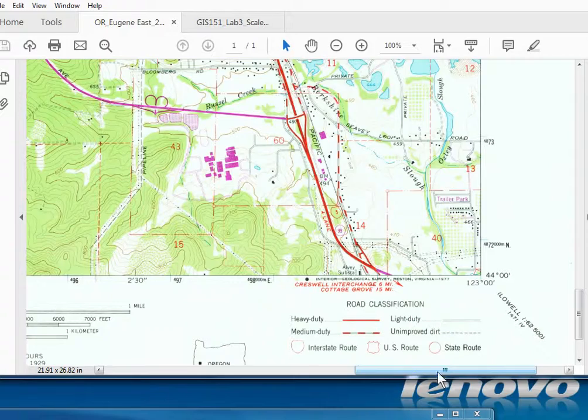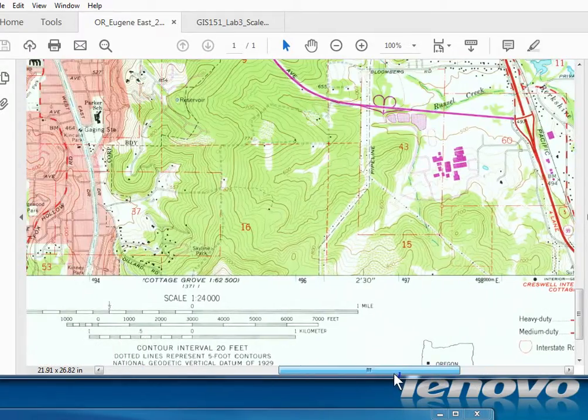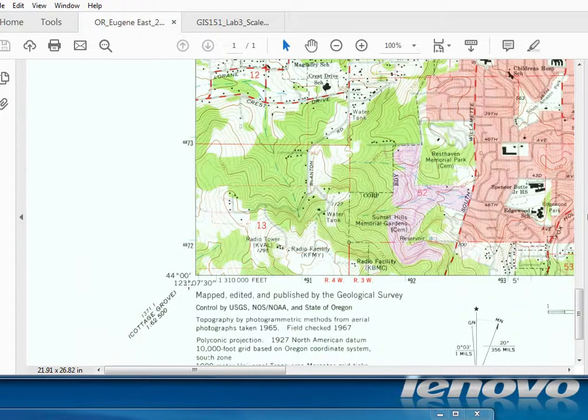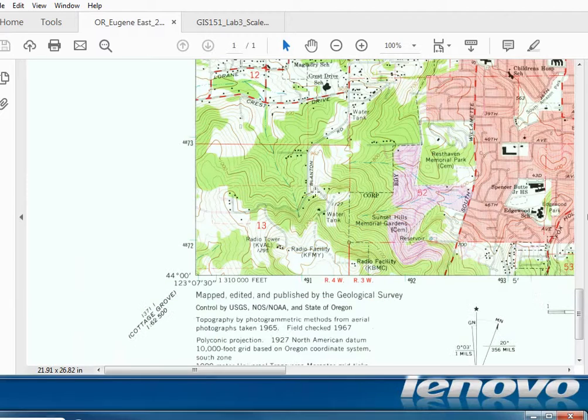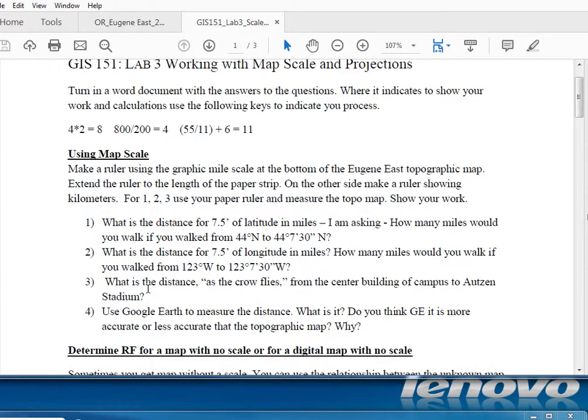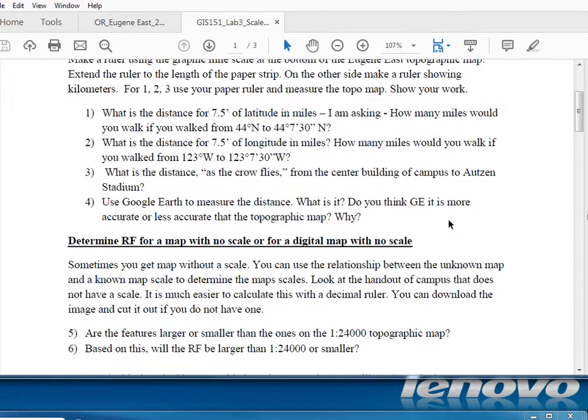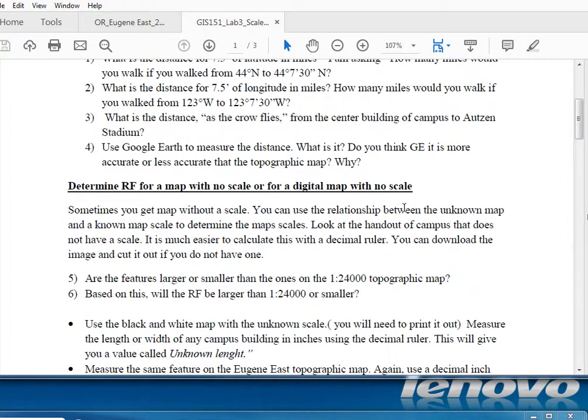Also, how many miles is it from 130 degrees west longitude to 130 degrees 7 minutes 30 seconds? That's really all that question is asking you, to make your ruler and to measure some distance. And then you're going to measure as the crow flies. That's an idiom that means in a straight line from the center building of campus to Otsum. And then use Google Earth and discuss the difference for you.